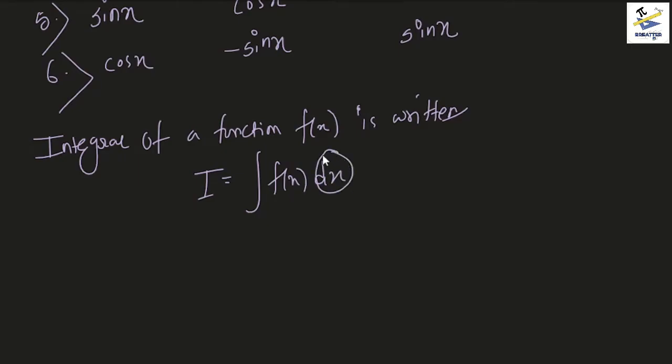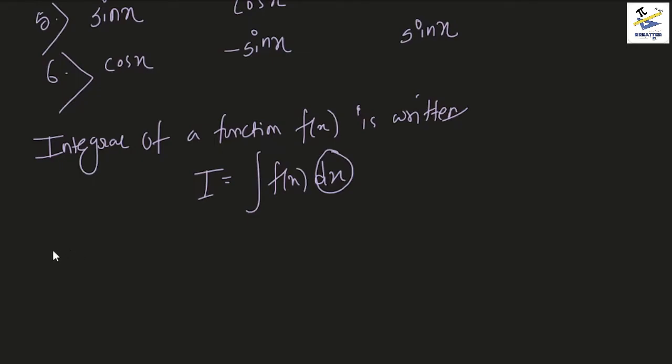This dx term is something you have seen in the derivative, where we use the term d by dx. Here we rather multiply with dx. dx is called an infinitesimally small element of x, and this helps you to integrate. So this should always be present in an integral, and thus the integral sign makes sense, right?